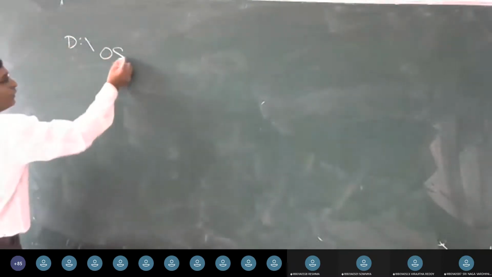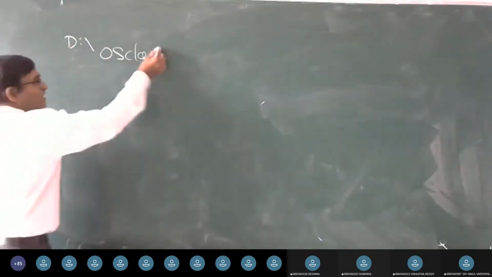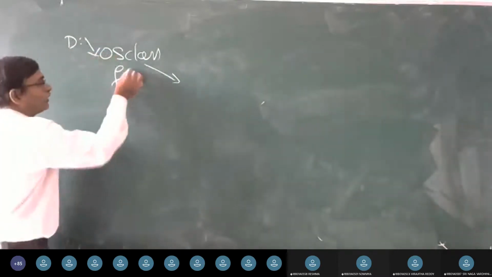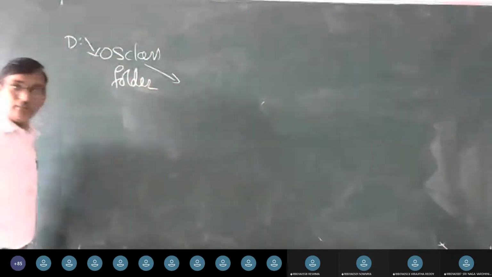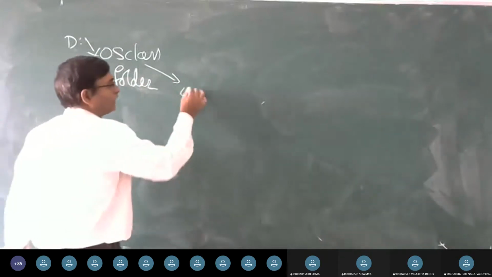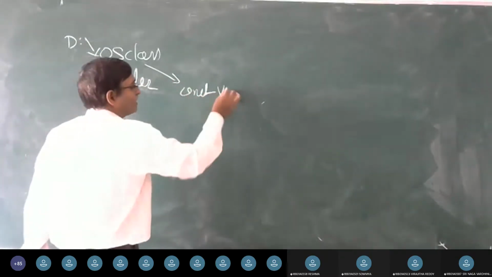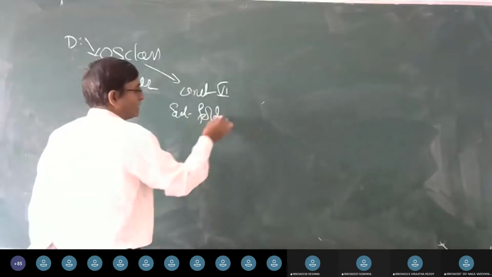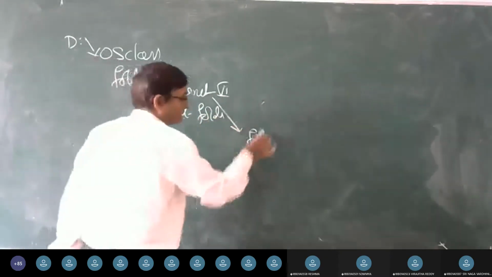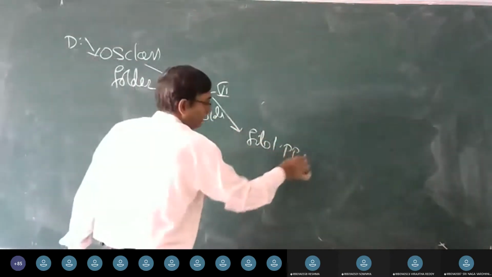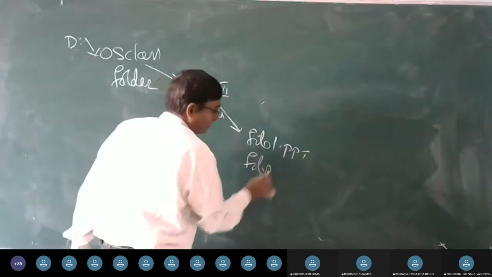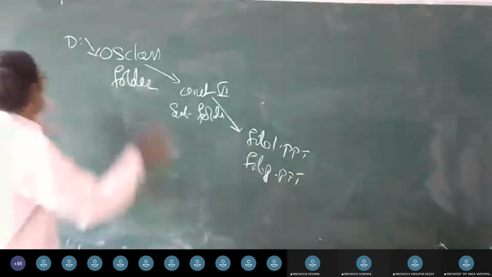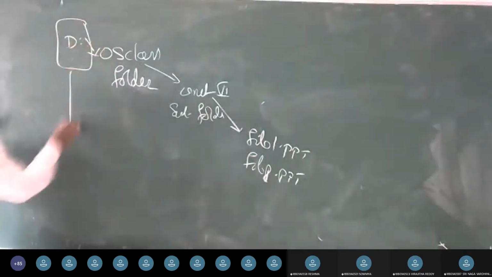In this D drive, I am going to create an OS class, and in the operating system class, this is what I am going to call a folder. In this folder, I am going to create unit 6, and this is called a subfolder. This subfolder is going to have file1.ppt, file2.ppt, etc.